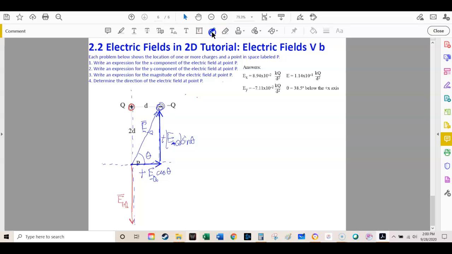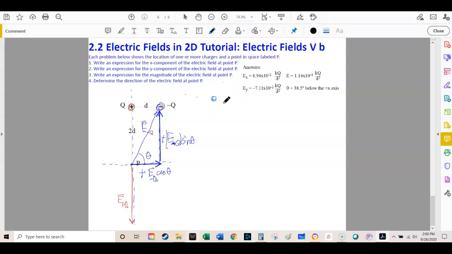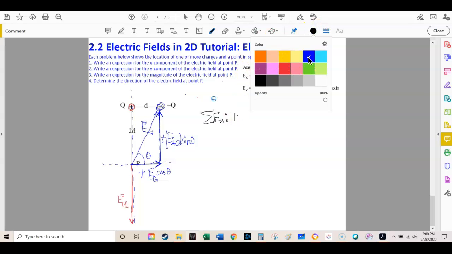So we have some things that we need to figure out here. The next step is we're going to go ahead and sum the vectors in the x direction. So the electric field in the x direction, I only see one arrow pointed to the right. And I like to let my equations tell me what my unknowns are.